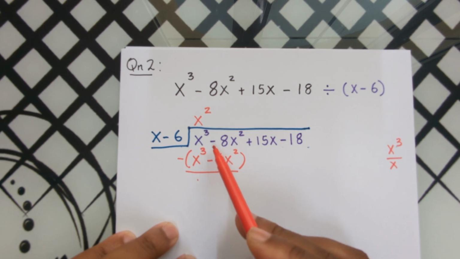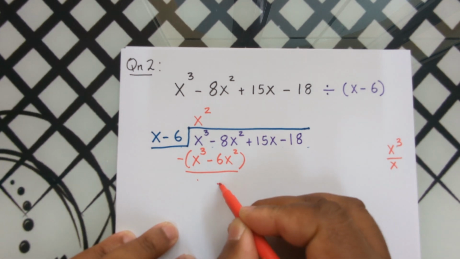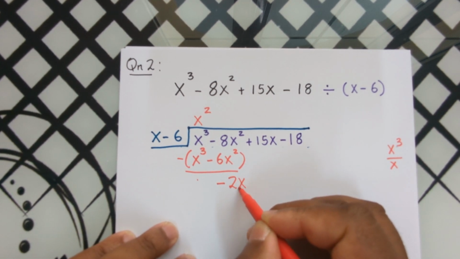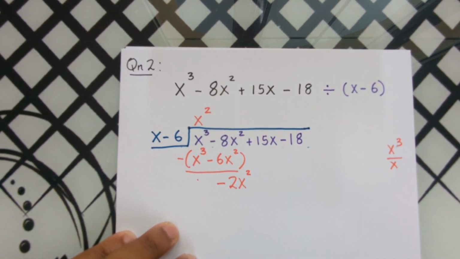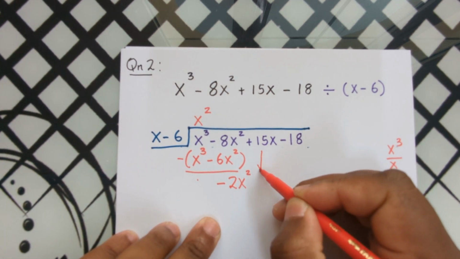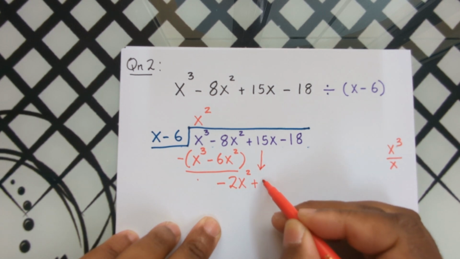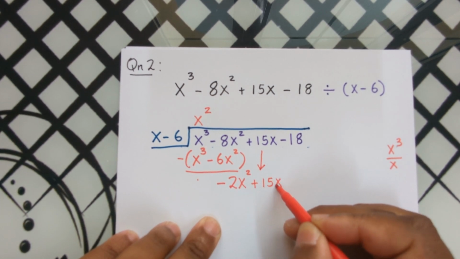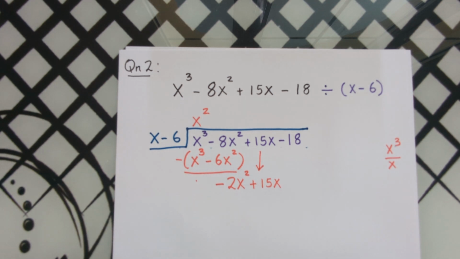This changes into minus 8x squared plus 6x squared, which will give you negative 2x to the power 2. And then the next step is to bring down. So we are going to bring down our next term, which is positive 15x.